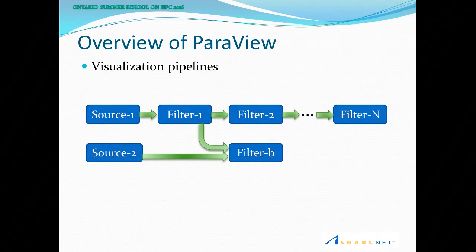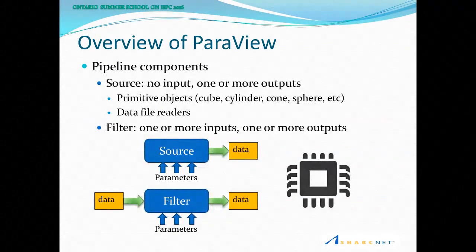Okay. So here, each component in the pipeline is either a source or a filter. A source doesn't have input; it only generates output. And the filter, on the other hand, takes a data set as input and generates another data set as output.